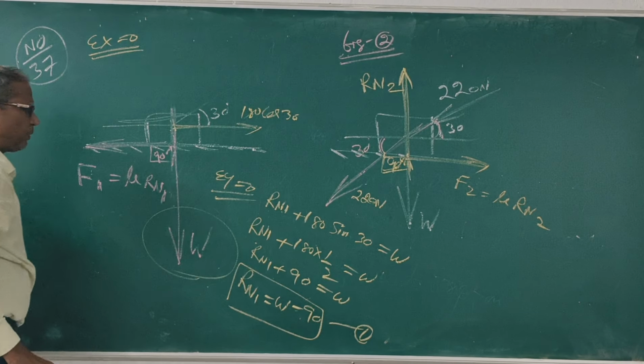This is equal to 180 cos 30. So mu into W minus 90 is equal to 180 cos 30. Clear? This is equation 2.